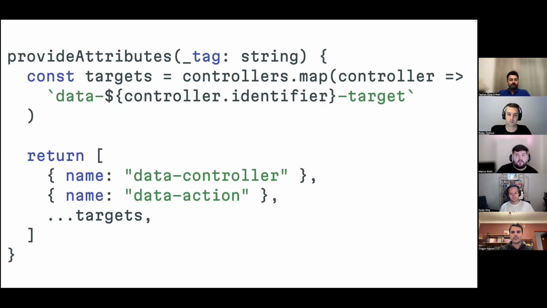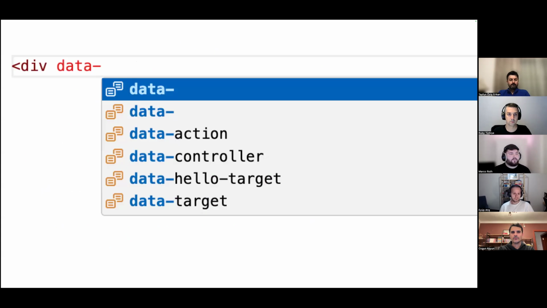And with this, we get an autocomplete that looks like this in our editor. So we have the action and the controller, which are the static ones, but we also now get the data hello target, which is because we have a hello controller in our application. So we already have a good autocomplete with an understanding of our application.